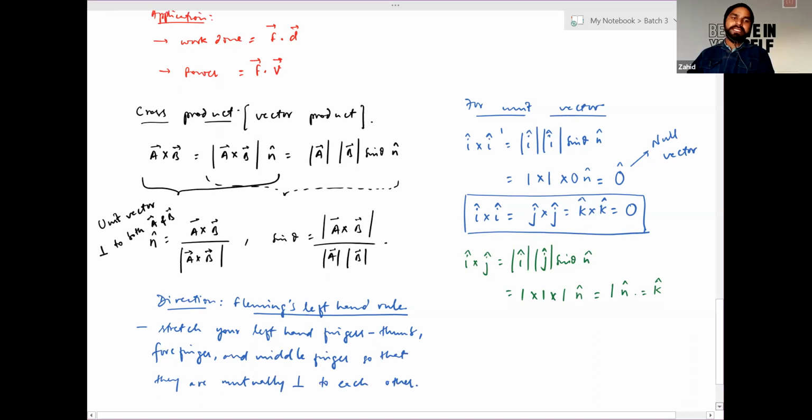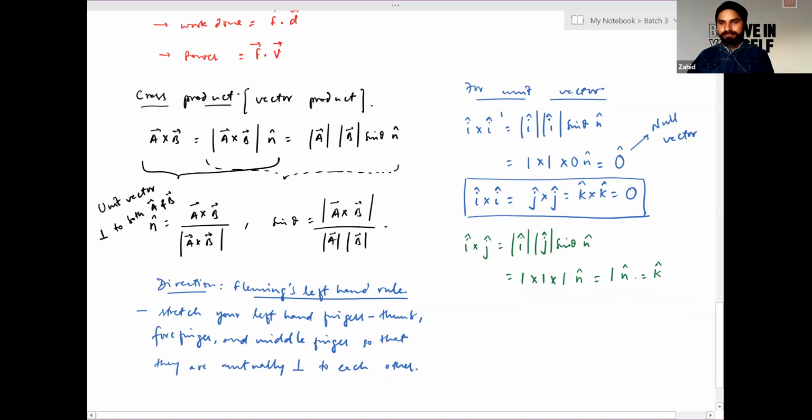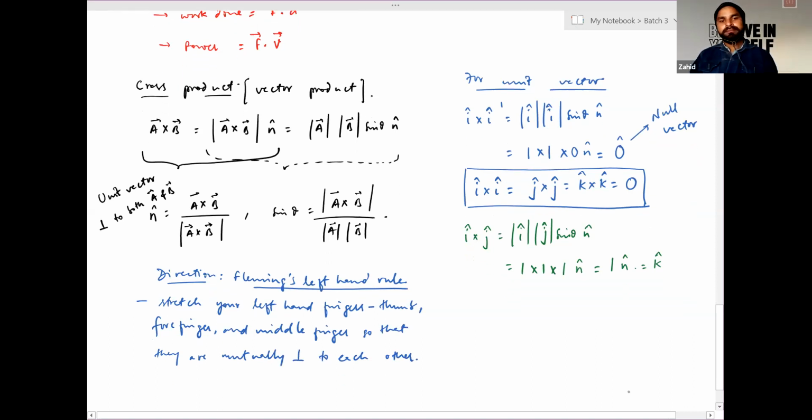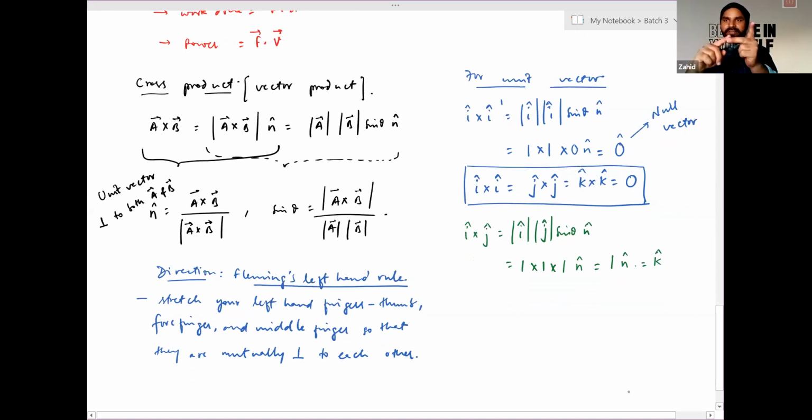Now, how to define direction? Place your middle finger along the direction of the first vector, forefinger along the direction of the second vector, then the thumb will define the direction of the resultant.